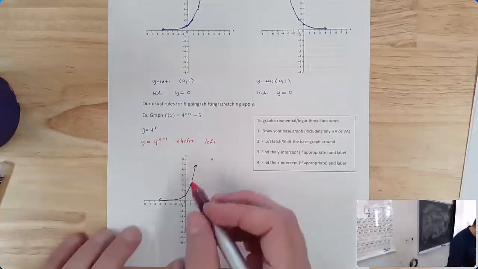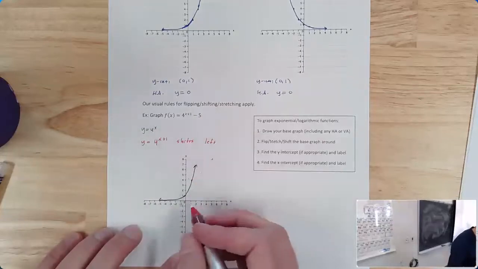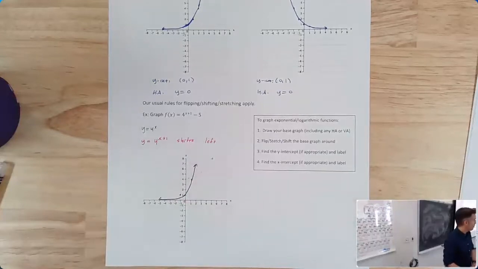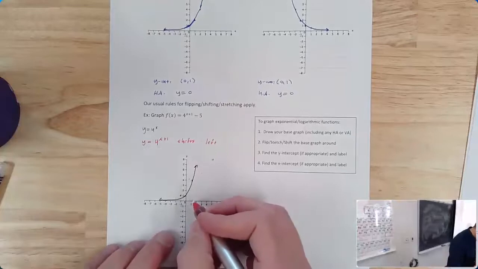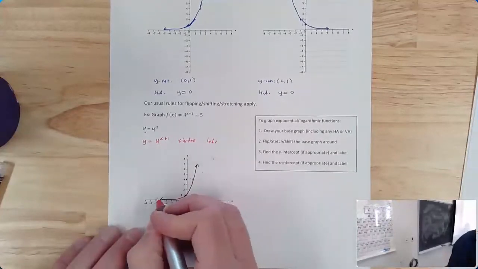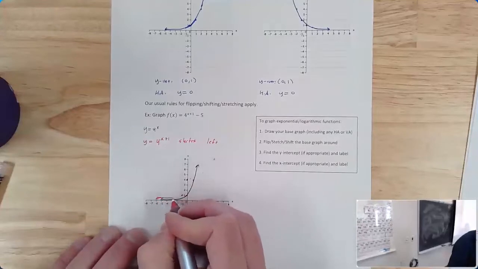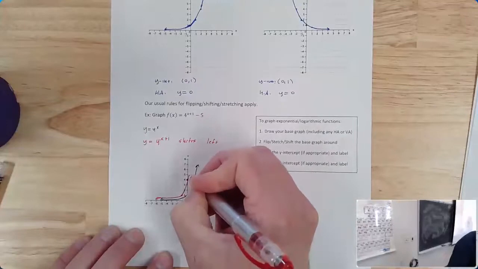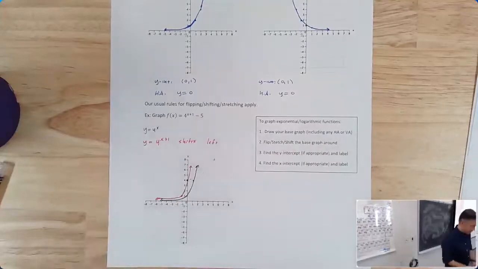So instead of getting 0, 1, I'm getting -1, 1, so shifting to the left. Instead of getting the point 1, 4, I'm getting the point 0, 4. So it's kind of looking like this. There's my shift of 1 to the left.